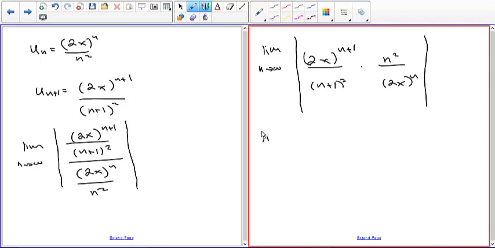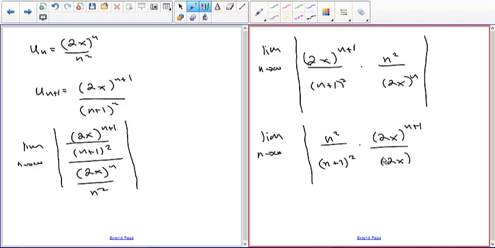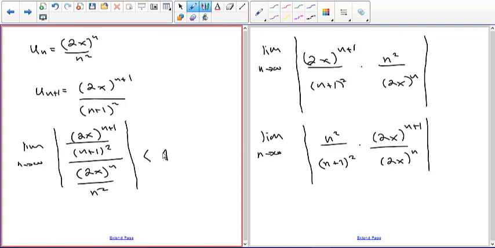And then I'm going to group the terms that look similar. You could probably go straight from here to here if you feel comfortable about it. So we're going to have n squared divided by n plus 1 squared, times 2x to the n plus 1 divided by 2x to the n. And remember, for this thing to converge, it has to be less than 1.